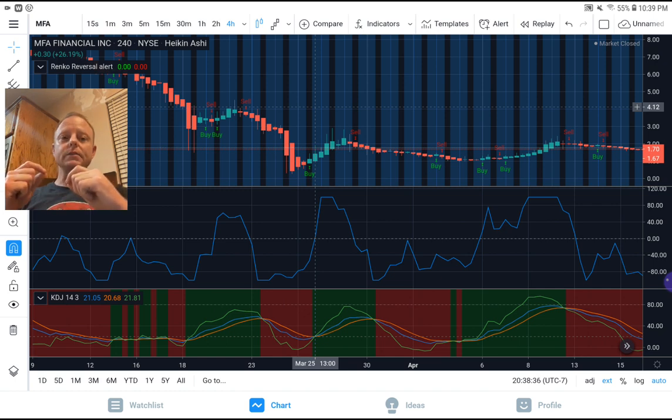Your J line is like a rate of change indicator. It's going to tell you how fast and how strong that divergence is. The stronger the divergence, the higher the price action. Typically, this range on your delta percent is going to range from 0 to 100.